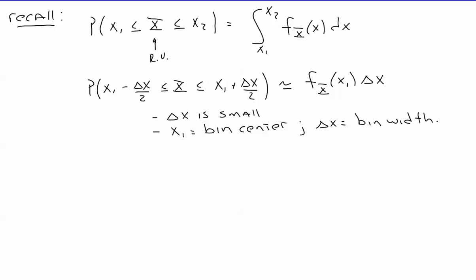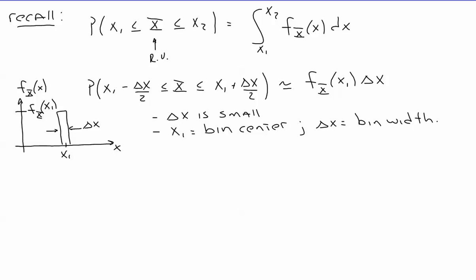All right, so if we were sketching this out, it might look something like this. I've got a bin centered at x1. It's delta x wide, and the peak value is my probability density function evaluated at x1.